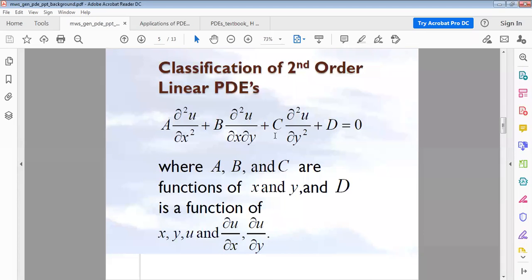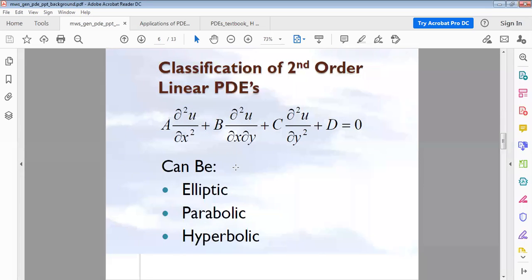A, B, C are functions of x and y, and D is a function of x, y, u, del u/del x and del u/del y. These may be variables or constants. So u is the dependent variable, and x, y are the independent variables. This is the standard form of linear partial differential equations.